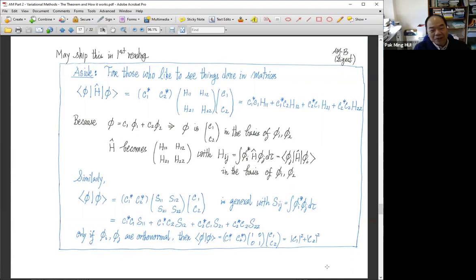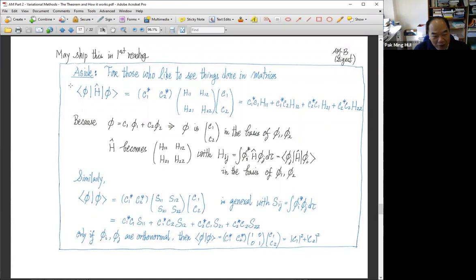So for those who like to do things in matrix form, just to show you the numerator, this one. In the basis of phi1, phi2, your trial wave function can be written as C1, C2, the coefficients, because behind the scenes, you have chosen phi1, phi2 as the basis.